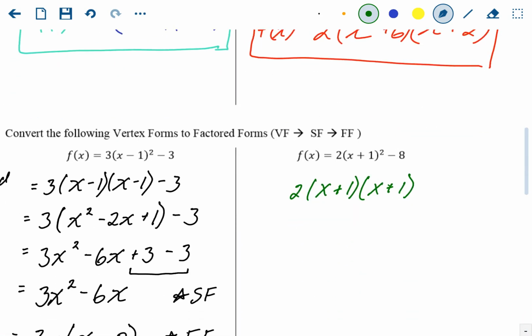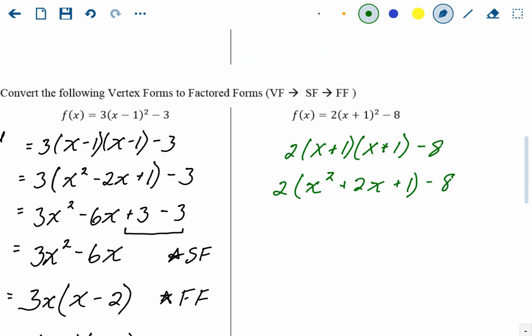A lot of you know that x plus 1 squared is going to be x squared plus 2x plus 1. So any steps you could do in your head, that's fine. You don't have to show every step. But since this is an answer key, I'll show everything. All right, so expand, FOIL, distribute.